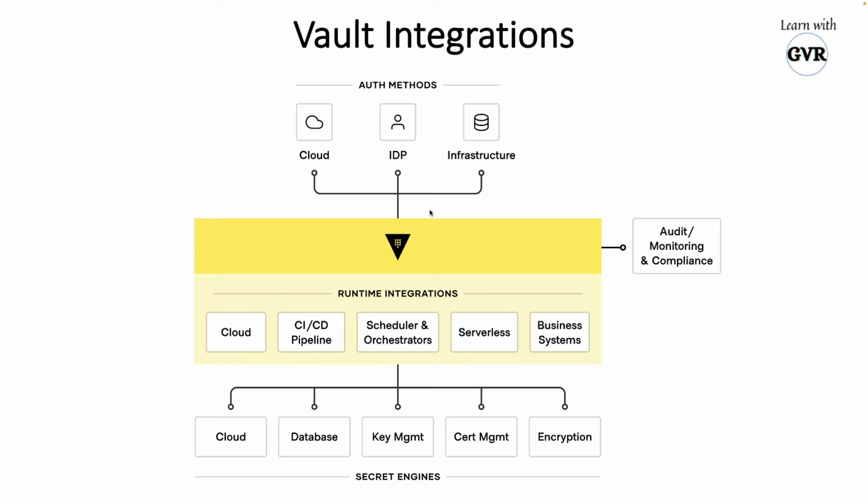Vault integrations. So how many ways can you integrate Vault? First of all, authentication methods. As we have seen in the previous slide, you can log in with any cloud identity provider, or any other identity provider, or any infrastructure-specific identity provider.